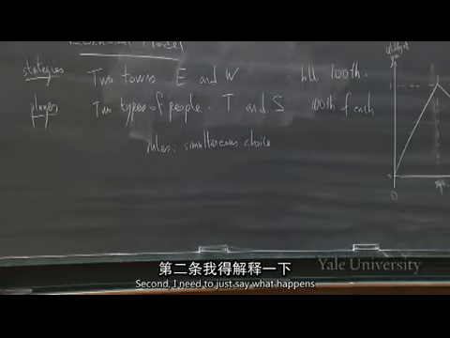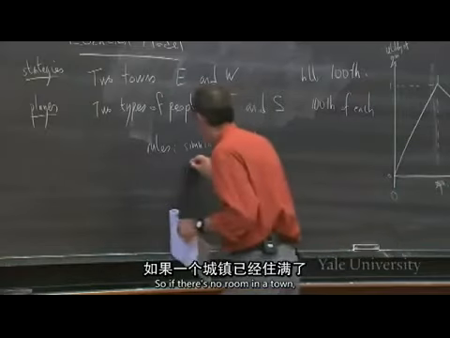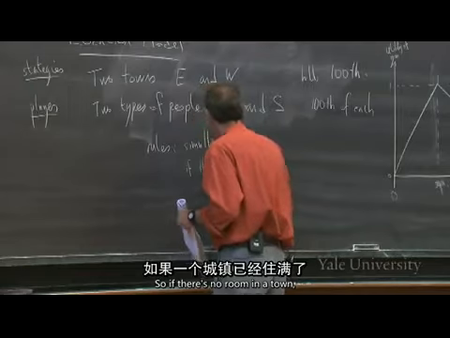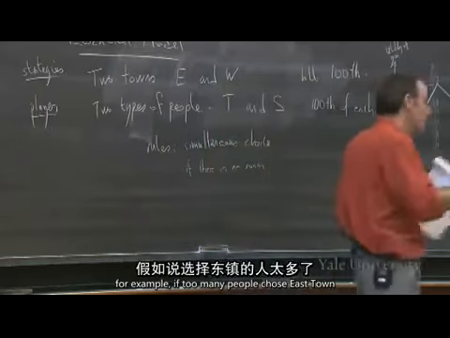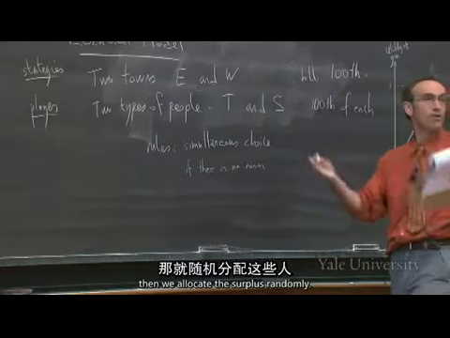And second, I need to say what happens if too many people choose the same town. If there's no room in a town, for example, if too many people chose East Town, then we allocate the surplus randomly.